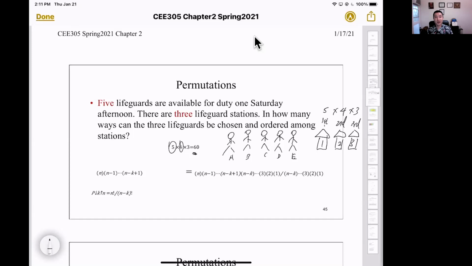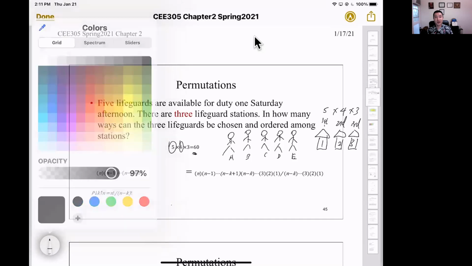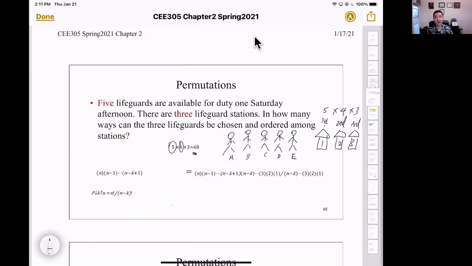All right. So in general, we can give an equation for that, which is permutation. Sometimes the characters will change from the PowerPoint to the PDF.